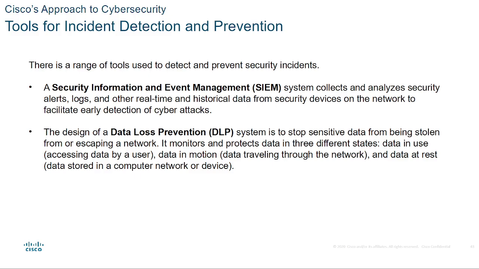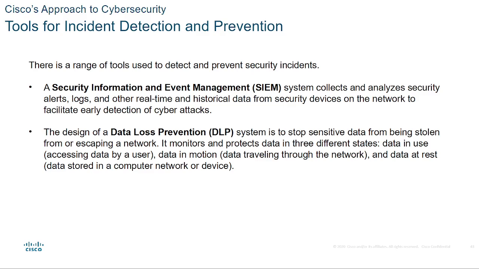There's also DLP, the data loss prevention system. A data loss prevention system is designed to stop sensitive data from being stolen from or escaping a network. DLP monitors and protects data in three different states. When data is being used or accessed by the user, that is data in use.